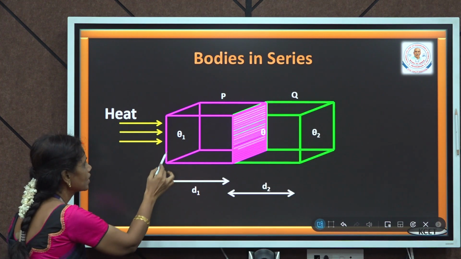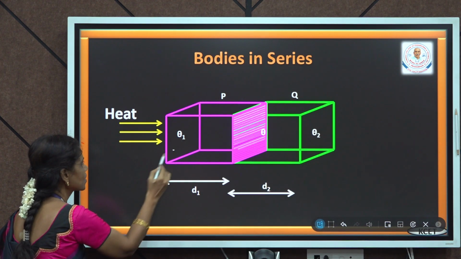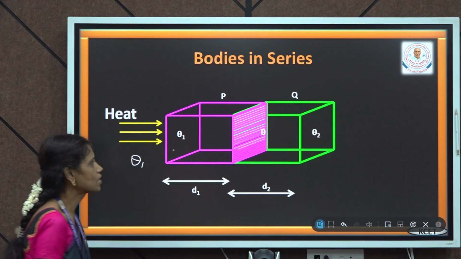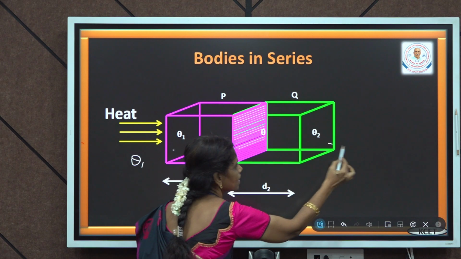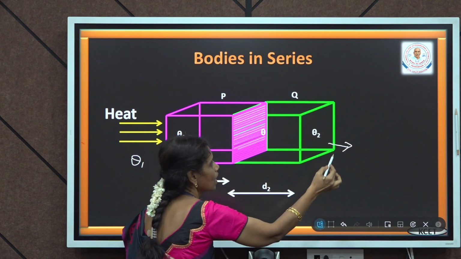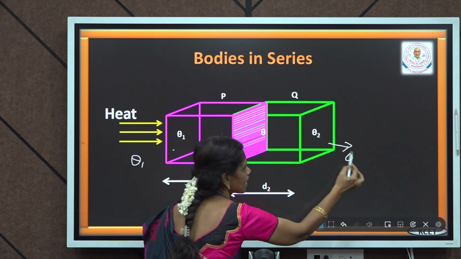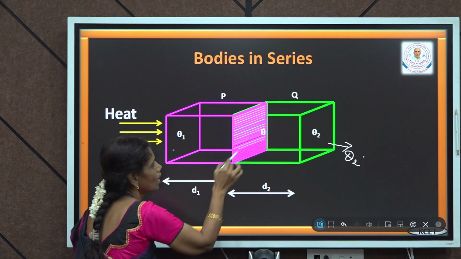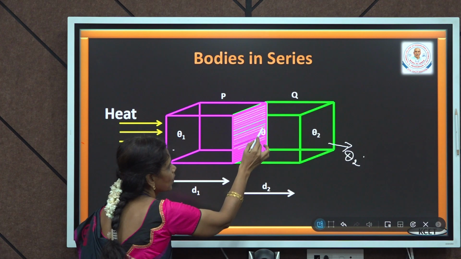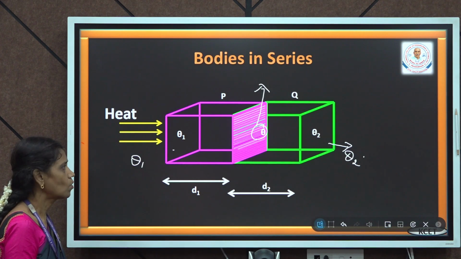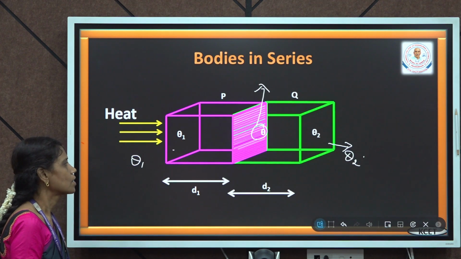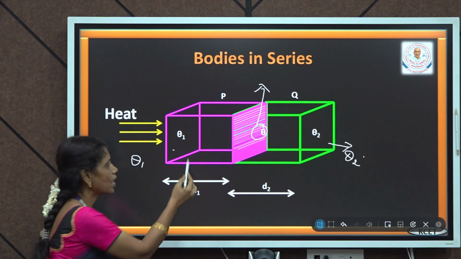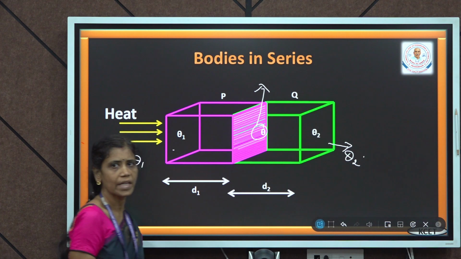Let us take the temperature at the hot end as theta 1, and the temperature at the cold end or the opposite face as theta 2. At the interface, we assume that the temperature is theta. Now, we have to write the equation for the quantity of heat conducted by this compound media.